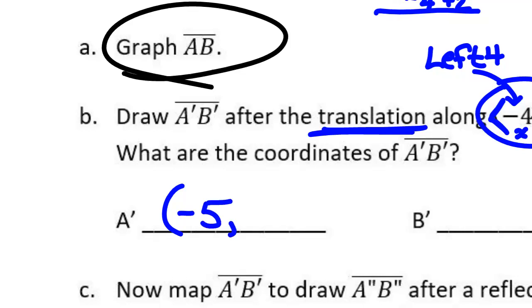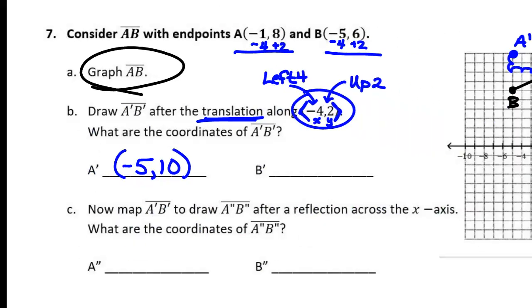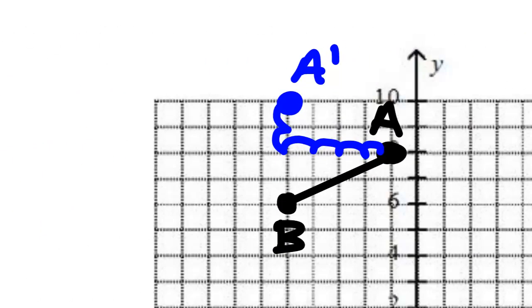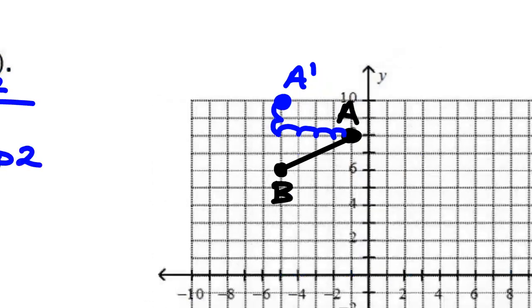Negative 5. What is 8 plus 2? 10. So a prime should be at negative 5, 10. Is that where I plotted it when I just counted it over and up? Did I put it at negative 5, 10? Yep. So I can get a prime either by counting or by doing the subtracting and adding. Either way is perfectly fine.